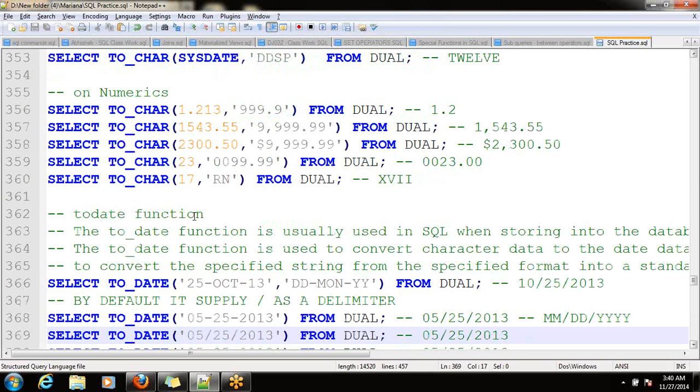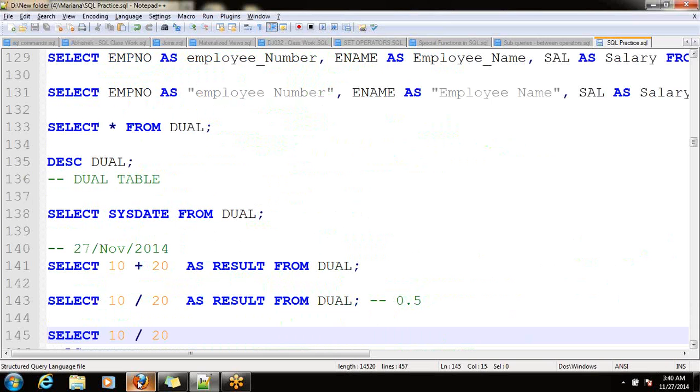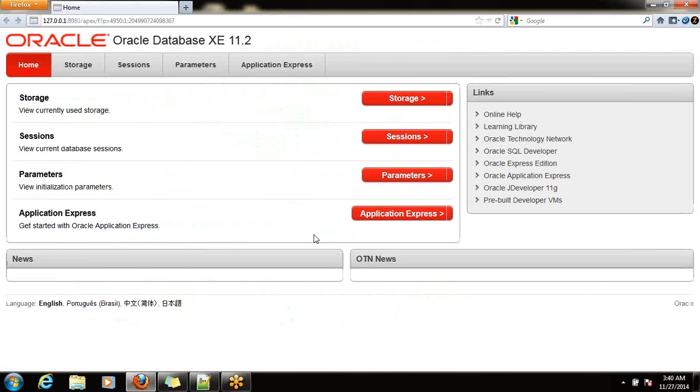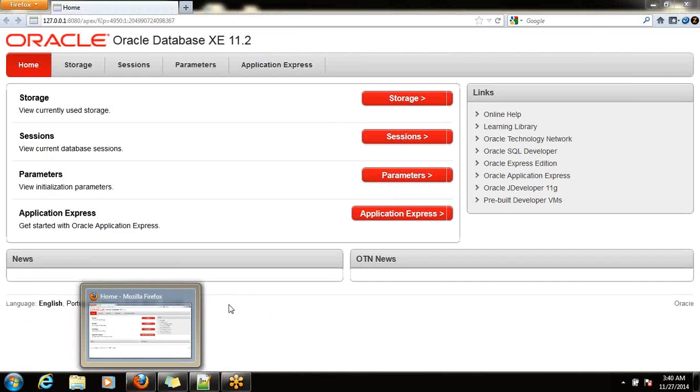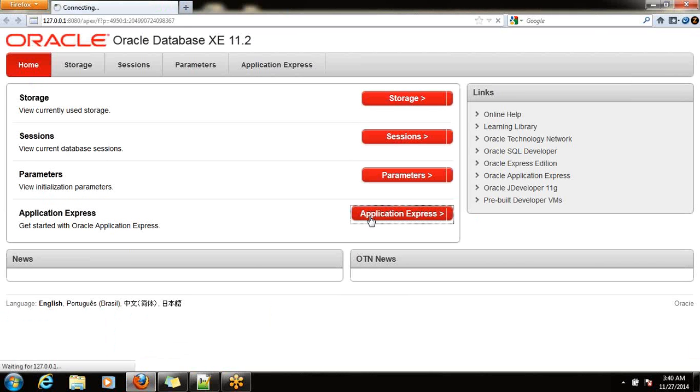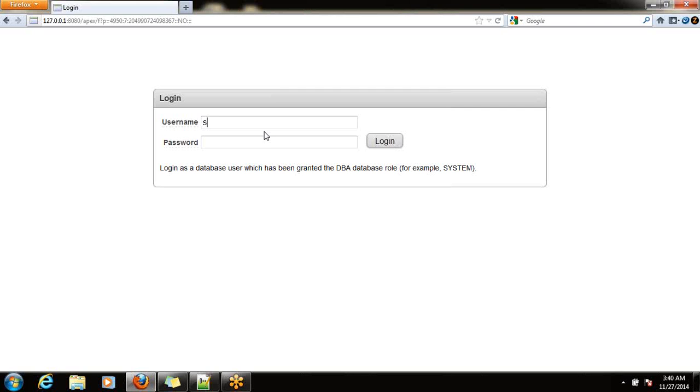I'm logging into the Oracle environment. Providing the super user details.